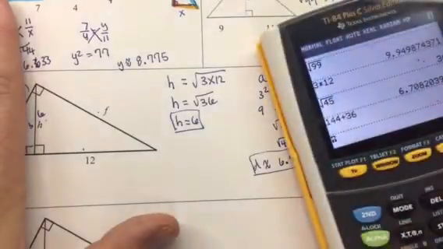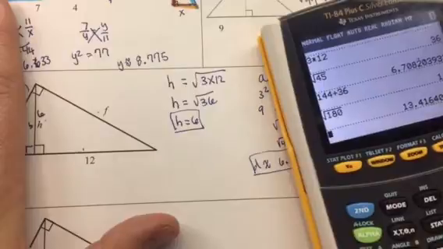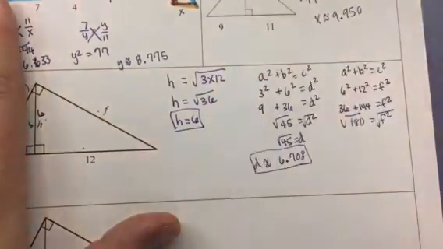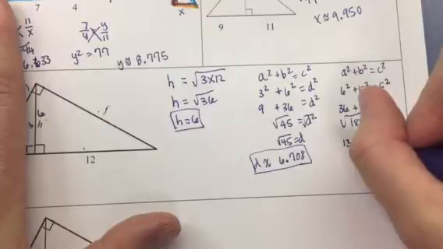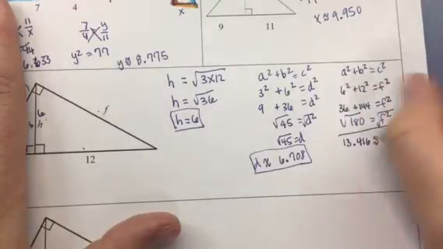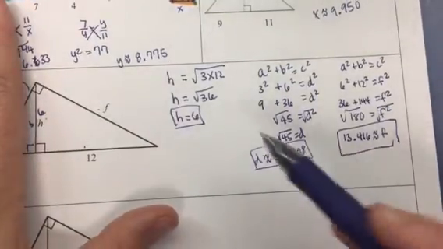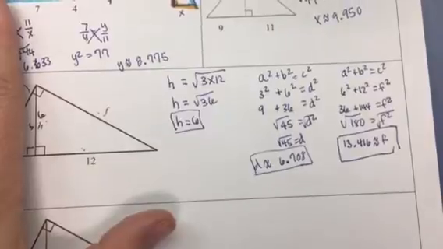The square root of 180 is approximately 13.416. So 13.416 is our approximation of f. All right, so we found h, d, and f without ever drawing triangles like we did up here.